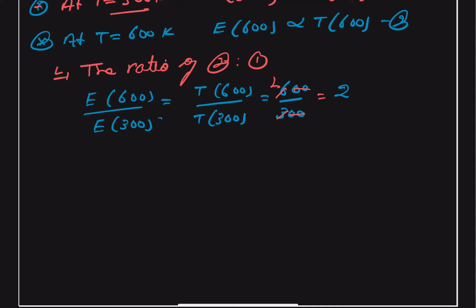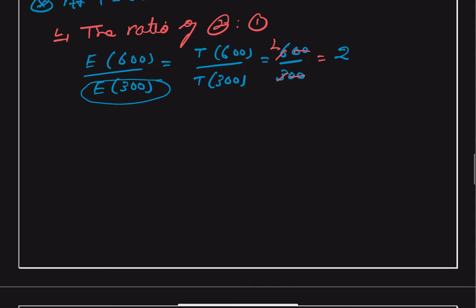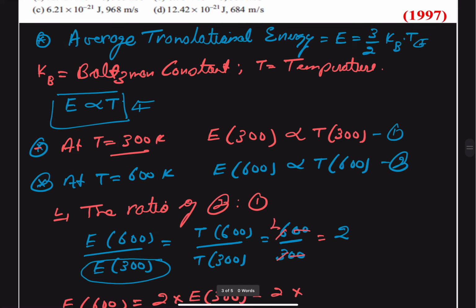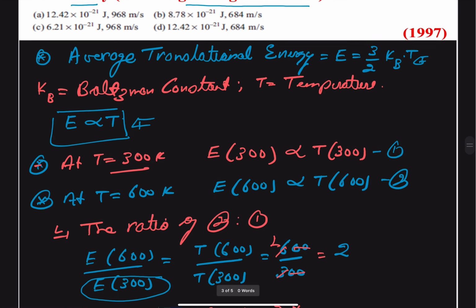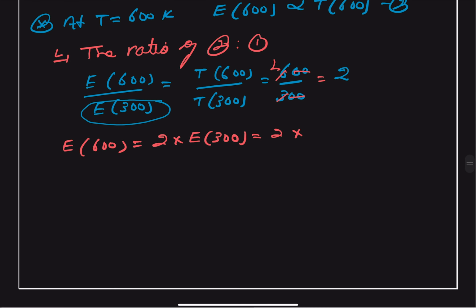We are given energy at 300 Kelvin, so energy at 600 will be equal to 2 times energy at 300, which comes as 2 multiplied by 6.21 into 10 to the power minus 21.